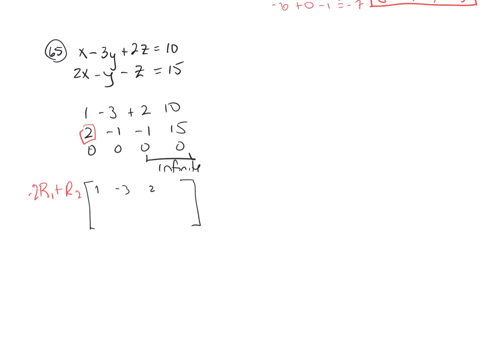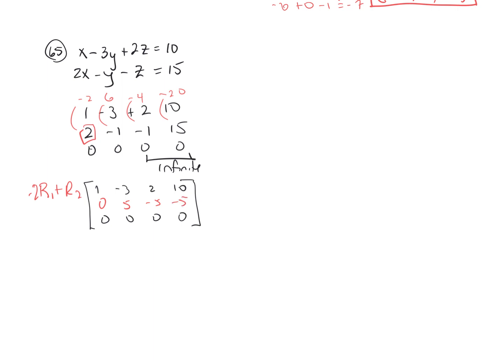Still have my zeros written across here. So I'll have -2, +6, -4, -20. And then I'm going to add those to row 2. So I'll have nothing. I'll have 5, -5, and -5.